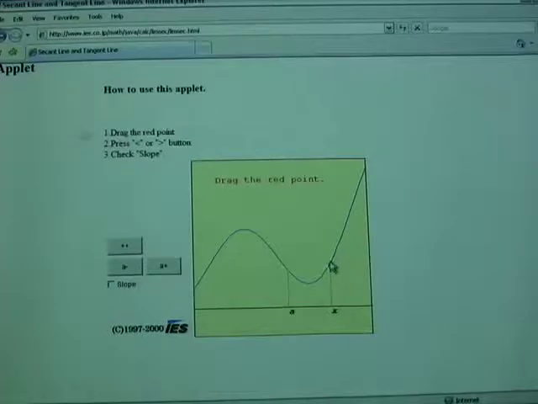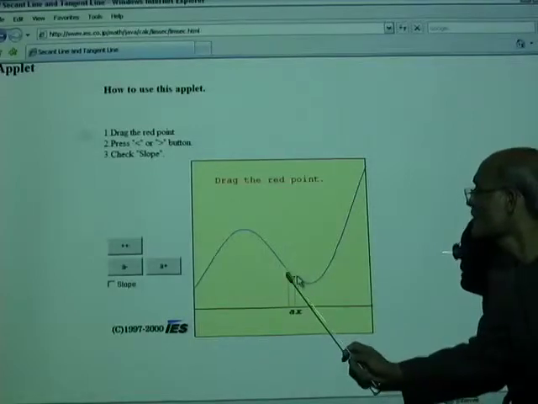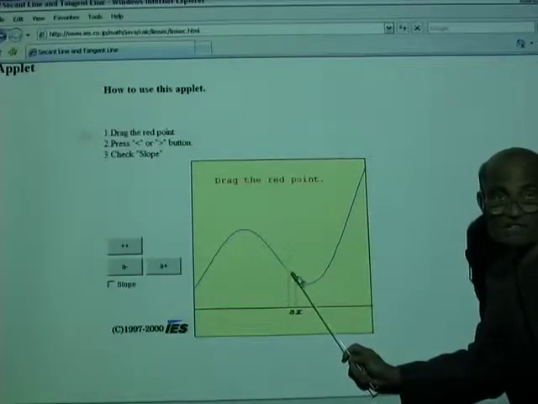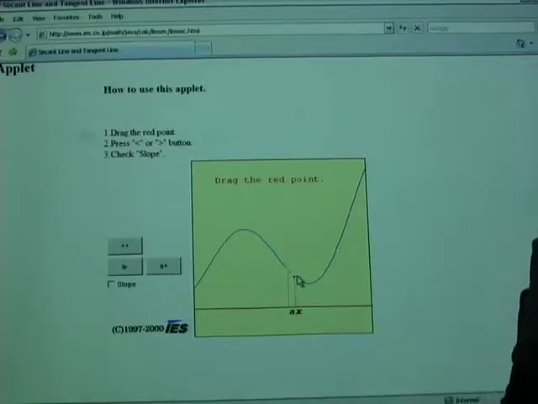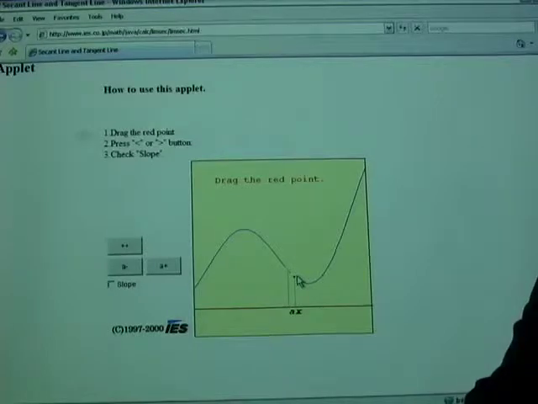This is the secant line now, and see how when the interval becomes smaller and smaller, the secant line becomes almost the tangent line. You notice now the interval is so small that this line is almost a tangent line at this point, and the slope of that line gives you the instantaneous rate of change at that instant, at that position.